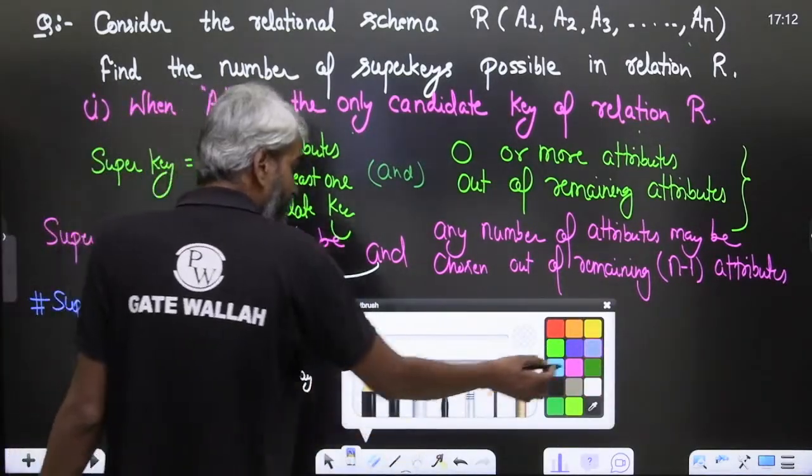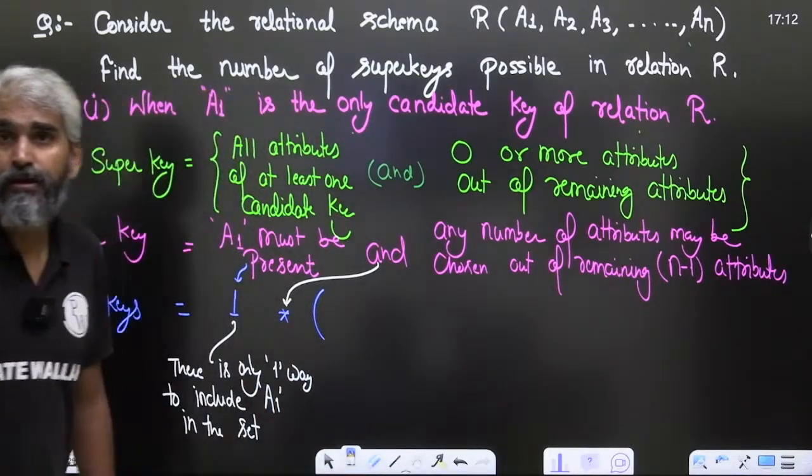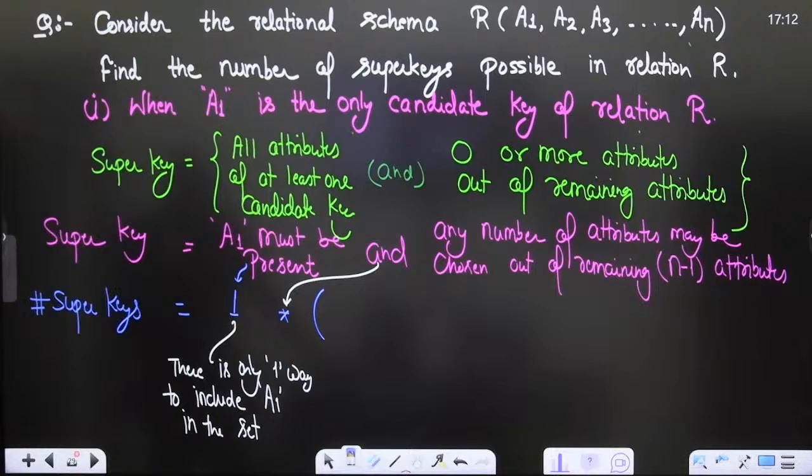And, sir, in PNC, and always corresponds to multiplication, and or corresponds to addition. So out of n minus 1, we can choose 0 or 1 or 2.